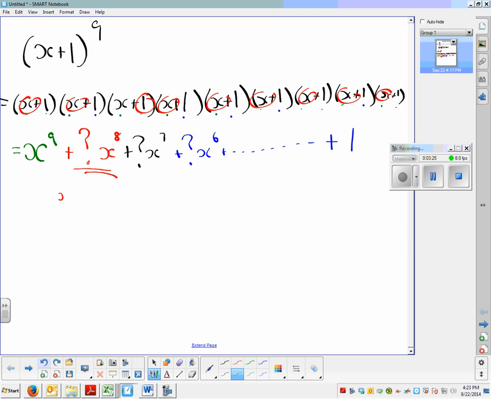What I'm doing, essentially, is saying from those 9 brackets, I need to choose 8 x's. That should sound very familiar. From the 9 brackets, I'm going to choose 8.